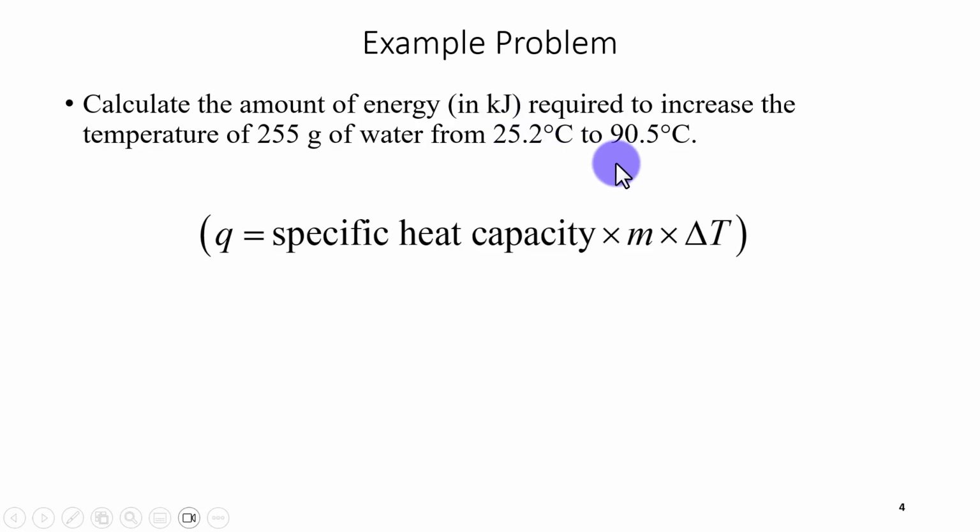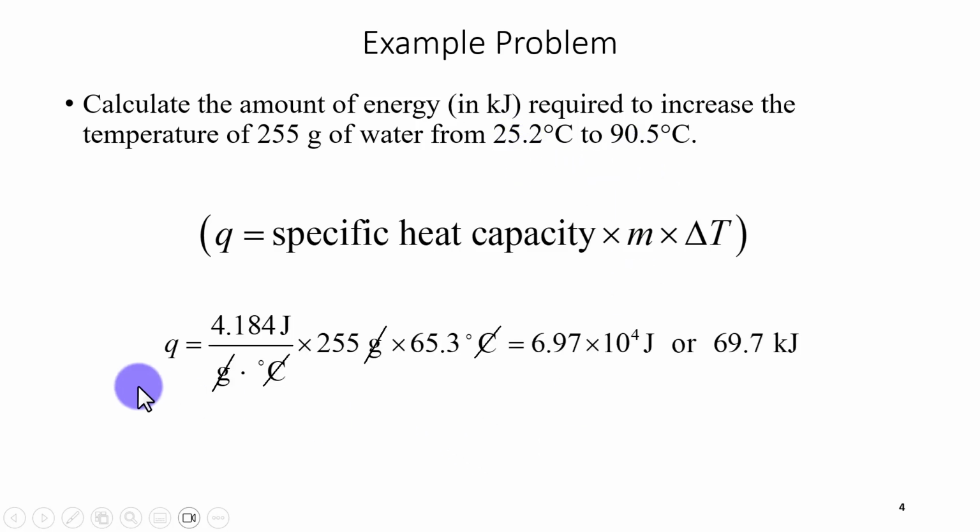If I take the difference of those two, I will have the delta T. This Greek symbol here, delta, stands for change, so the difference, change in temperature. So here it is. Q is equal to 4.184 joules per gram per degree Celsius. This is the specific heat capacity of water, and I took that from the table, but these are the units for every specific heat capacity. It's joules over gram over degree Celsius.